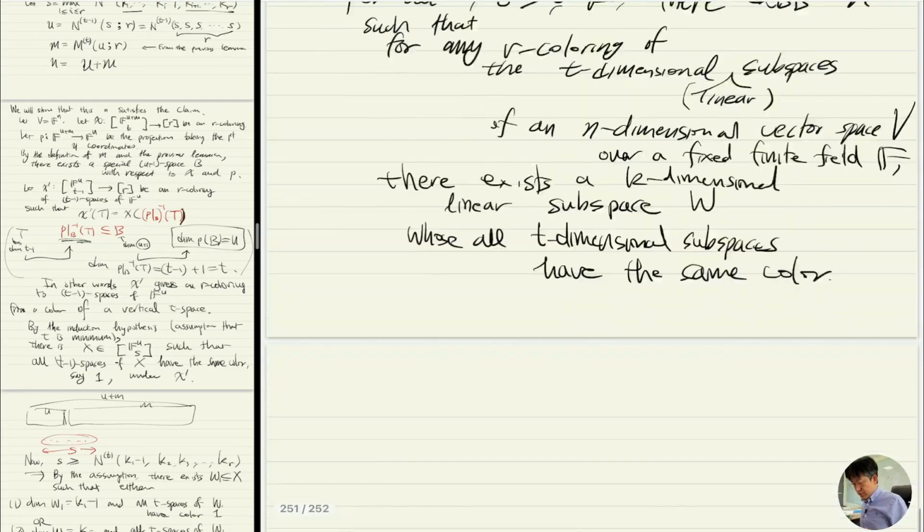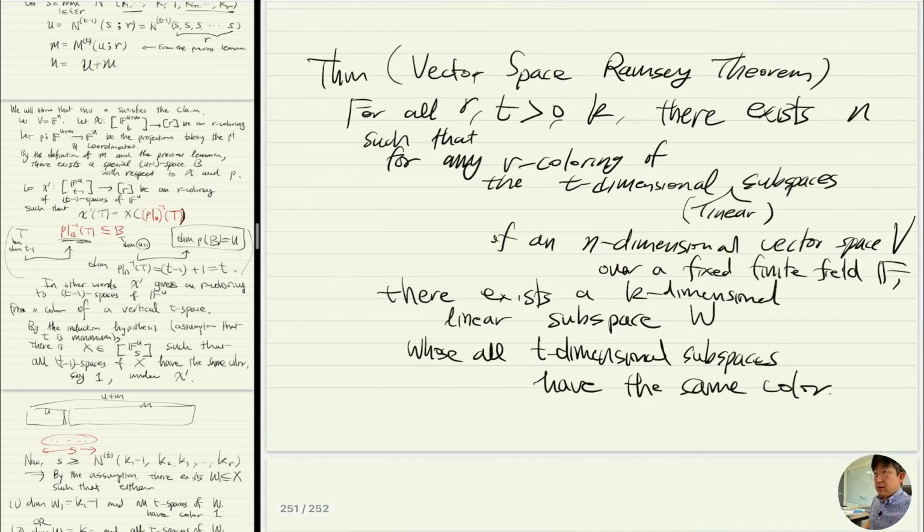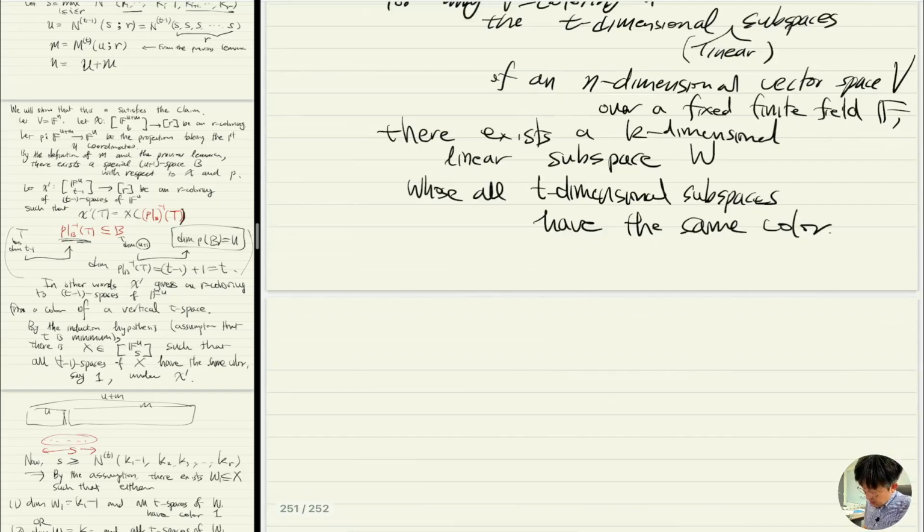Why is this true? The thing is, let's say I have a coloring of t-dimensional subspaces.